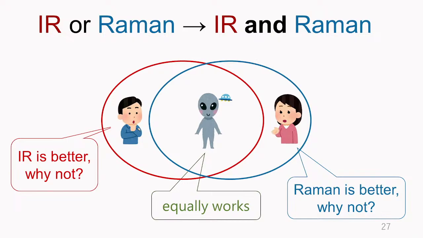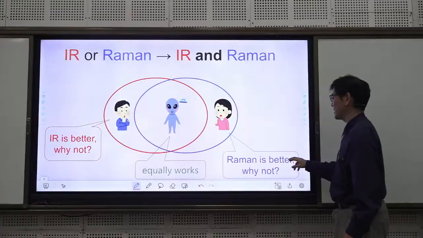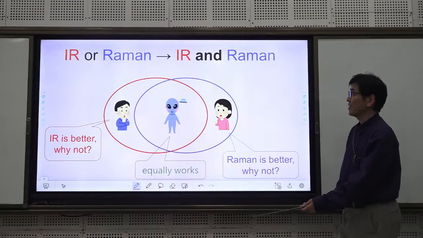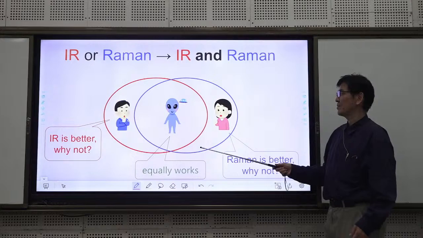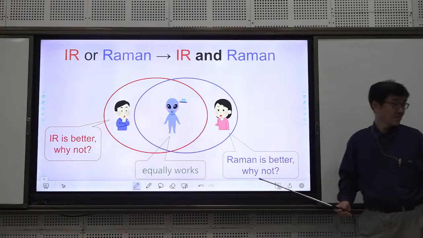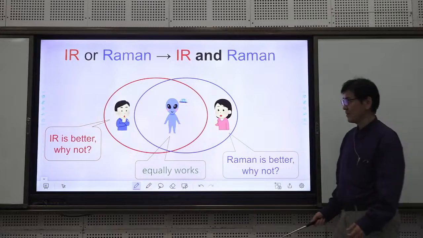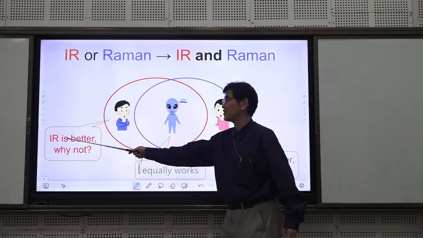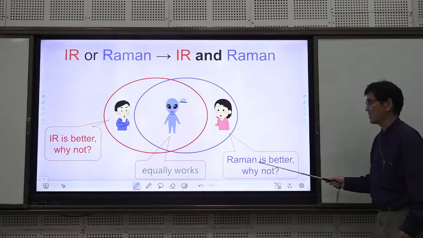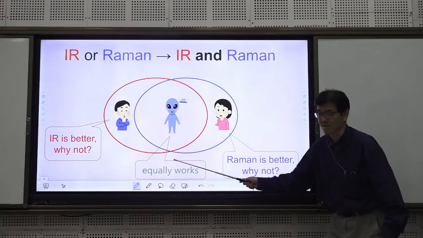So first question, someone says IR is better, why not? The other guy says Raman is better, why not? And someone says they must work equally. Okay, so in my impression, previously I was this person, and now I'm this person, or this person.